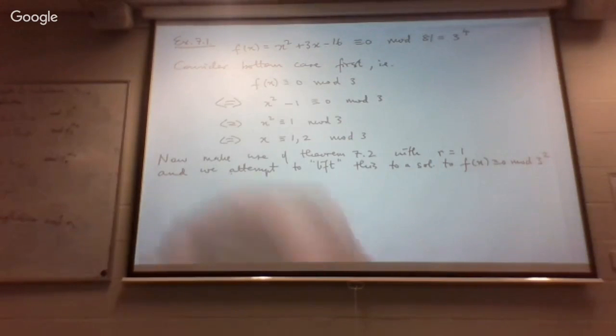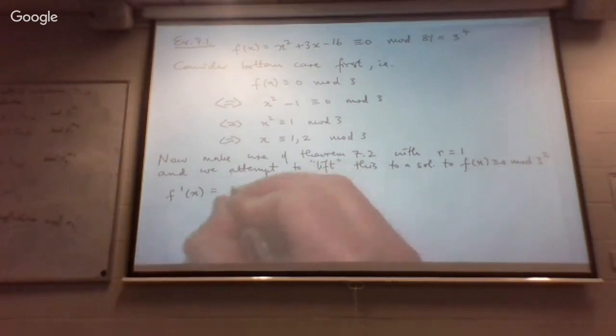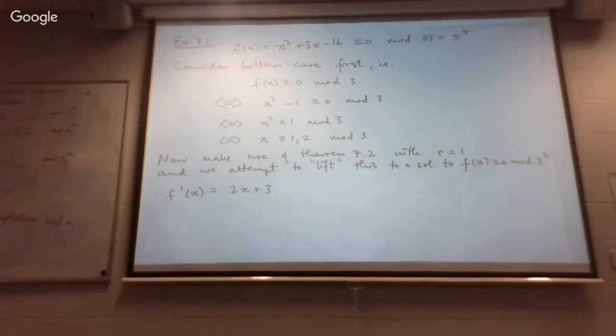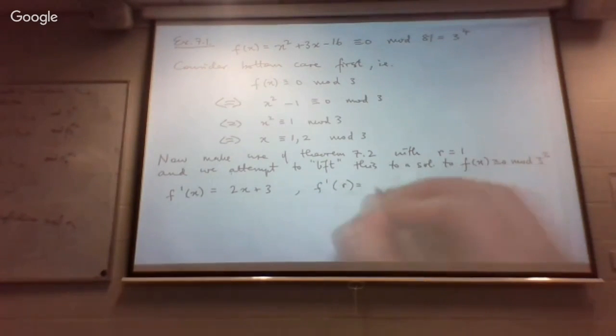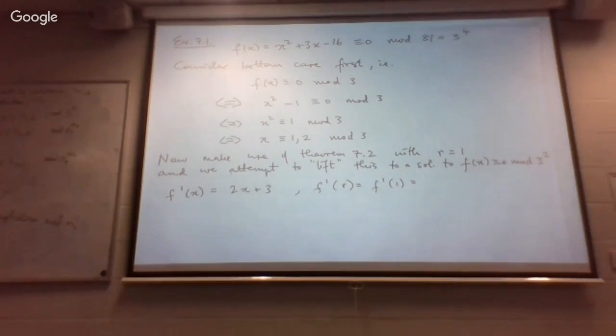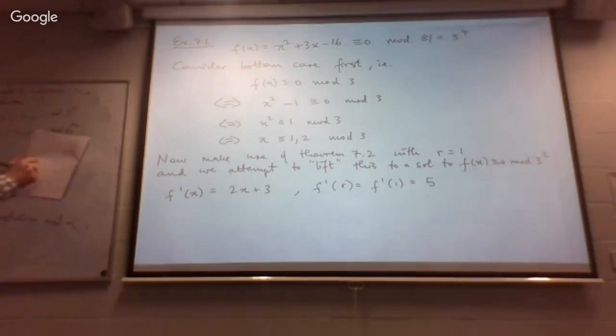Well, we need to take the derivative of the polynomial, which is 2x plus 3. And we need to evaluate that at r, which means to evaluate it at 1. And we get 5. And if you look at the black round bullet point, that's the decision to make.